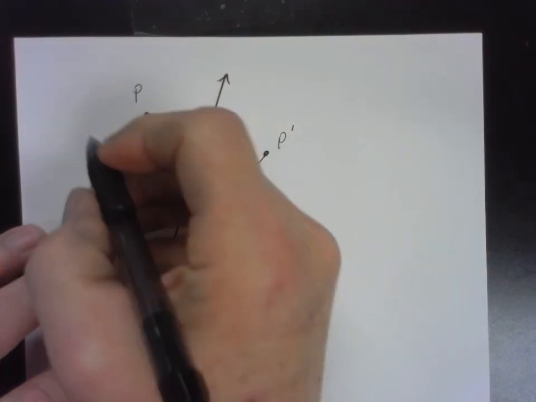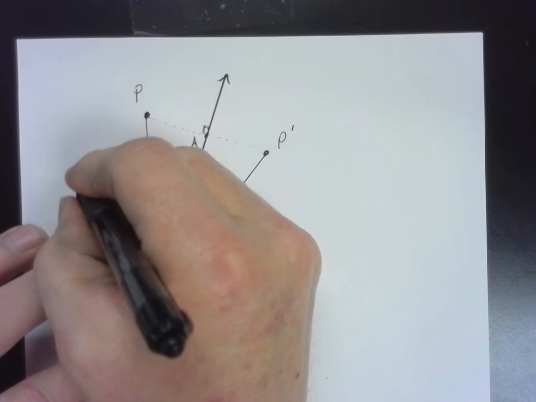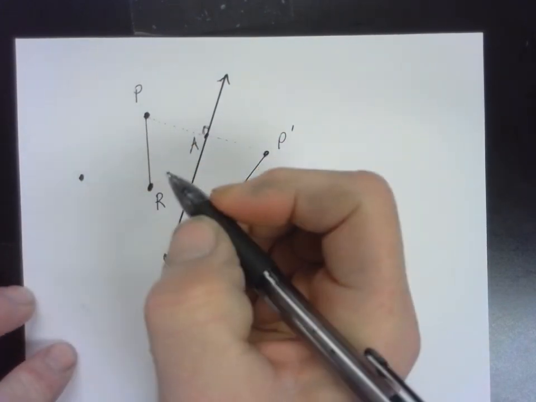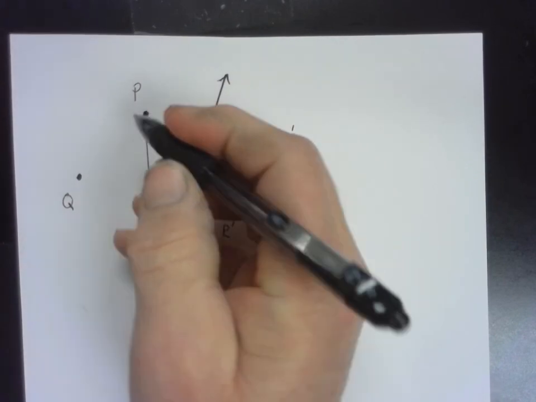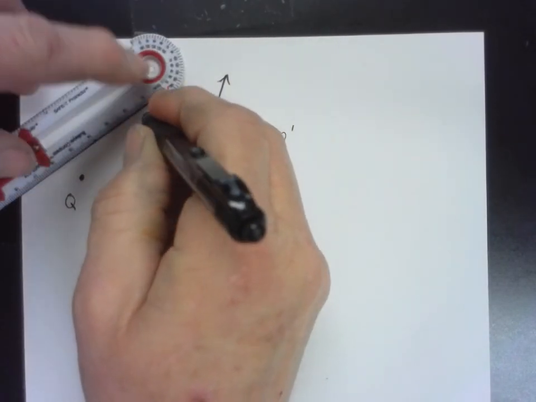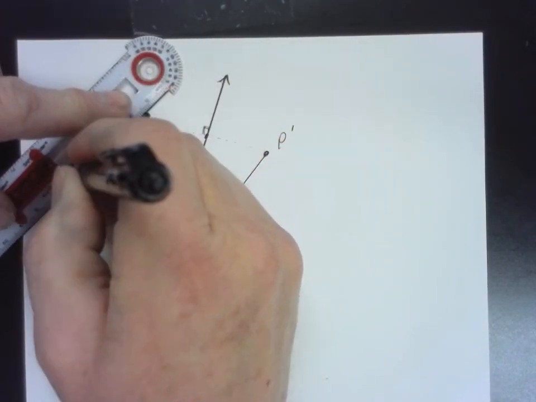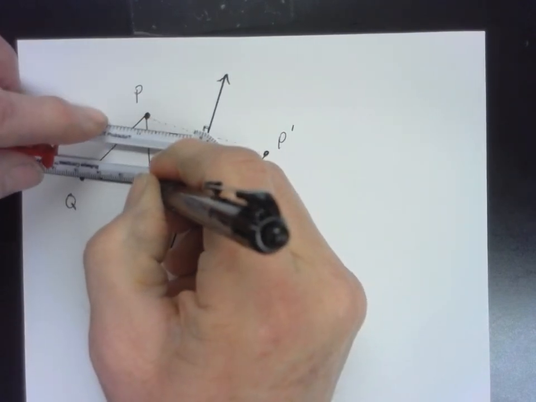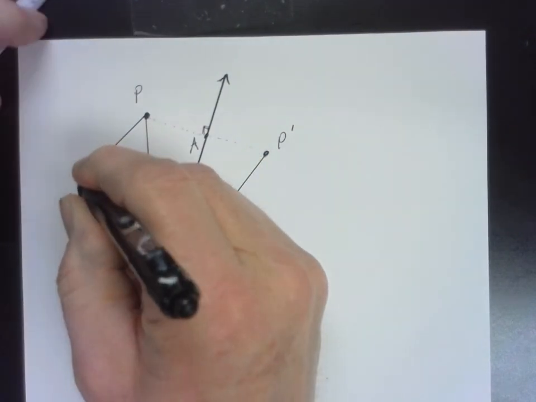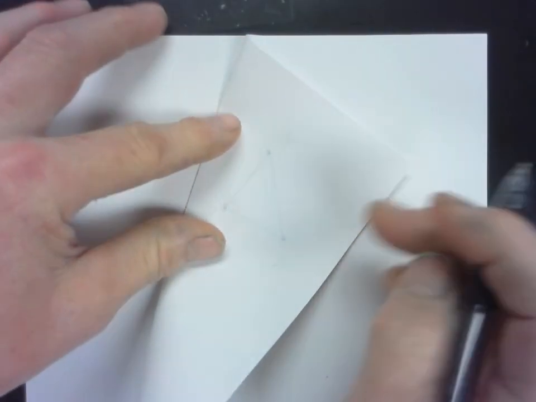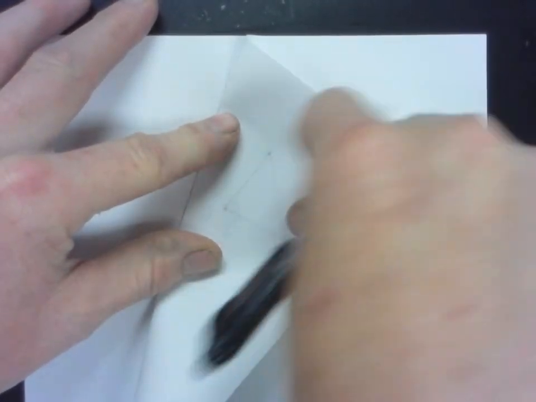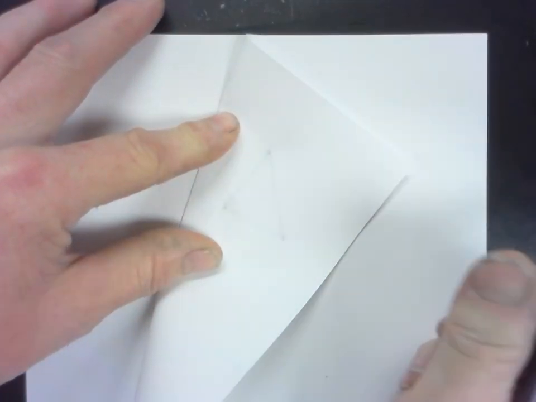Okay, and let's say we have a triangle. PR, we'll call this one Q. So we have this triangle. So how do I reflect a polygon across? Yeah, each individual point. I just reflect each individual point. So I come over here like this and kind of rub that in a little bit.